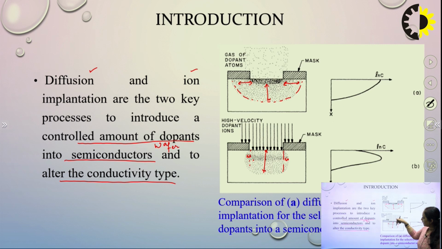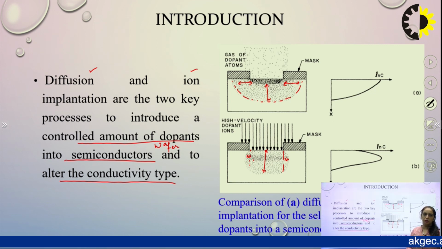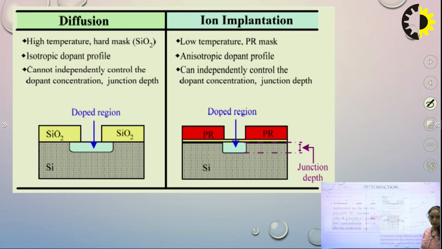With the help of ion implantation, we can have only the vertical doping. Dopants will be introduced vertically inside the substrate. So this is more precise as compared to diffusion.